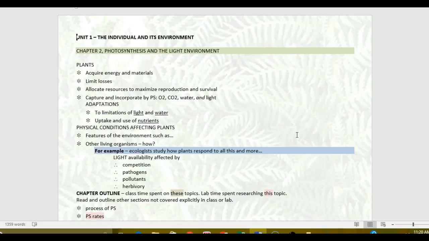Okay, so then getting into the other living organisms, we're looking at competition. Exactly. So just other critters, not only just other plants, but other living organisms are also predators, such as herbivores, right? Not just grazers, herbivores, but we also have parasites and viruses that attack plants as well.